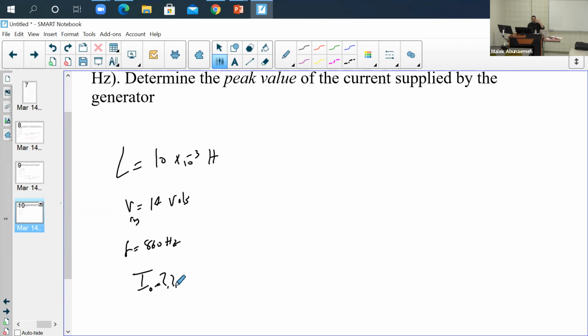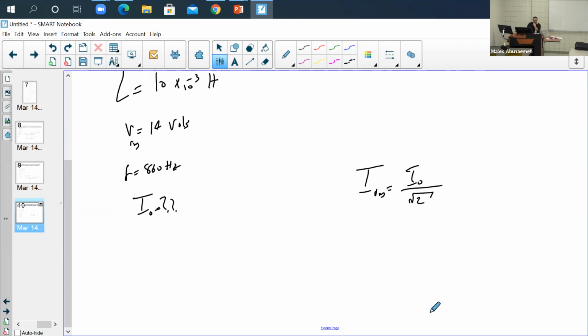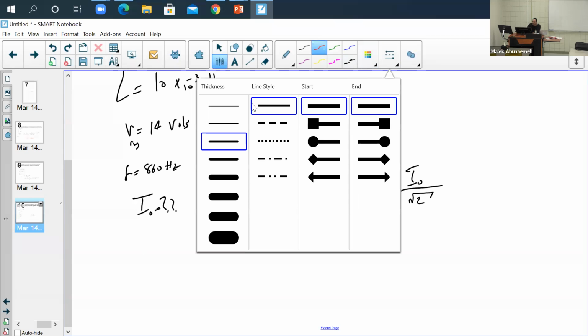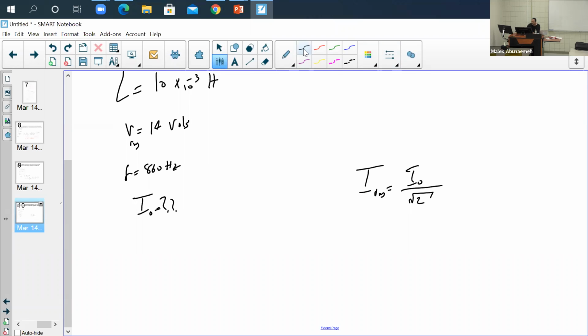And again, we defined before your root mean squared is whatever current we have divided by the peak value of current divided by square root of 2. So in order to find that, we need to find the root mean square for the current. So actually, let me write this down. So your I naught, the one we're trying to find, is your root mean square multiplied by your square root of 2.